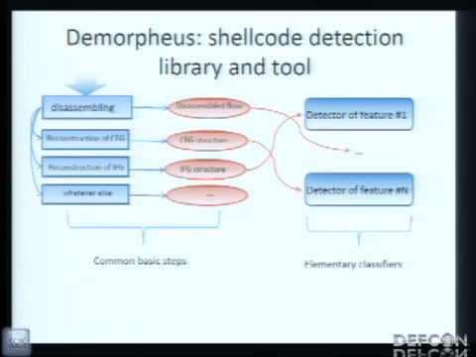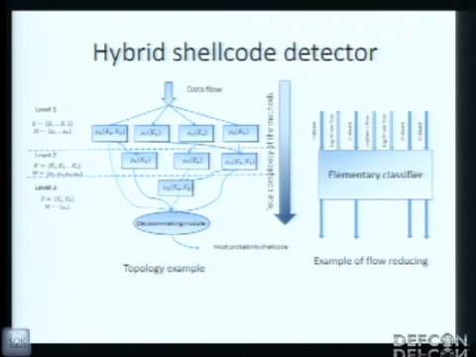Moreover, all of them use some common steps during their analysis, like the disassembling stage, reconstruction of the control flow graph, and reconstruction of the instruction flow graph. Thus, it seemed reasonable for us to implement a shellcode detection library in a way like described in the current slide. So here is the main idea of our hybrid shellcode detector.